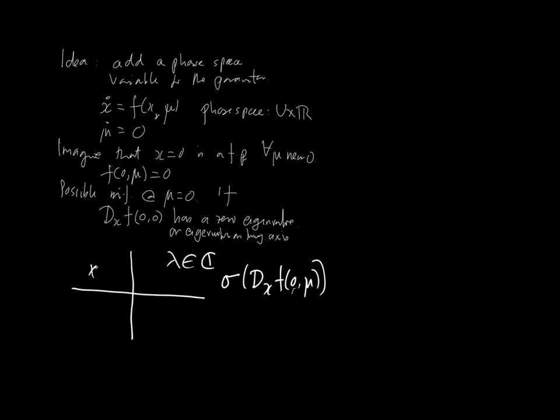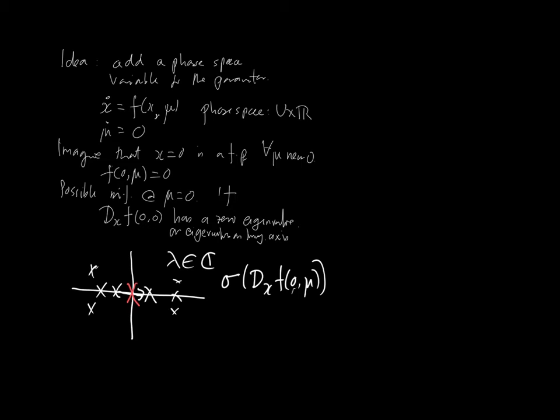Maybe it has some stable eigenvalues, some unstable eigenvalues. Note the problem is real, so if I ever draw any complex eigenvalues, they have to come in conjugate pairs. But now imagine that an eigenvalue goes through 0. At mu equals 0, the eigenvalue is at 0. That's the bifurcation point.